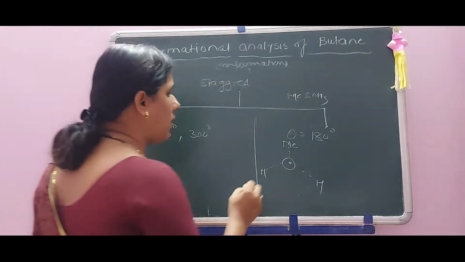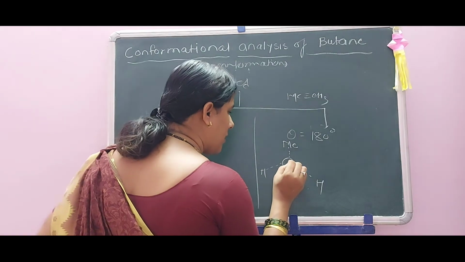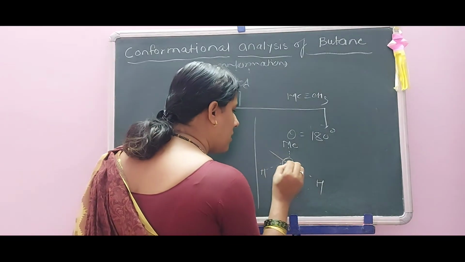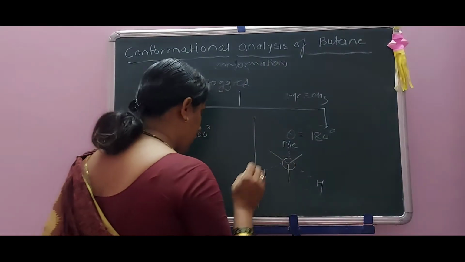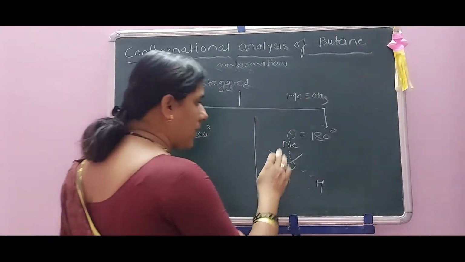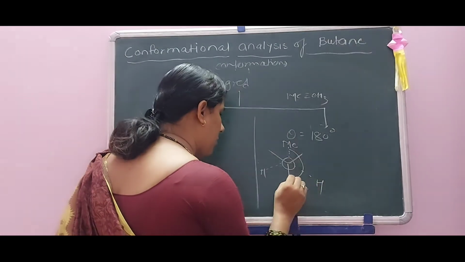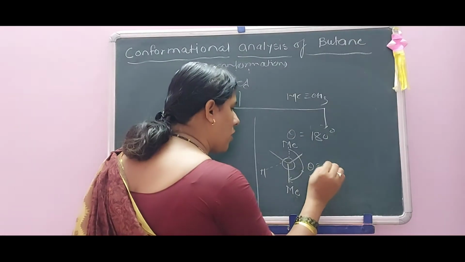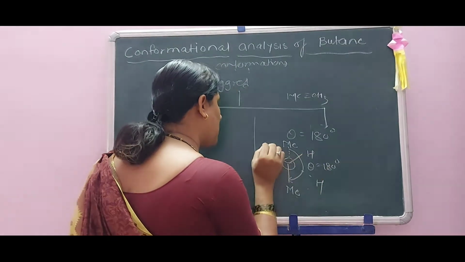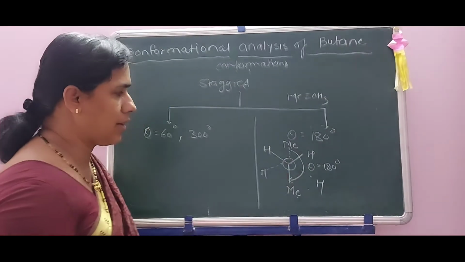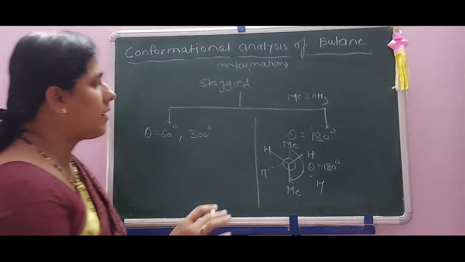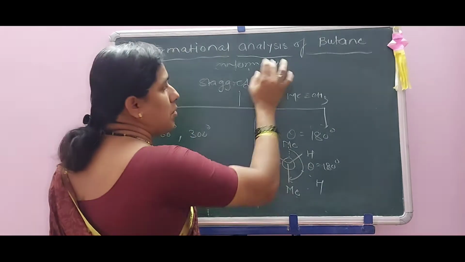Now in the staggered form, how is it? We can write it in this way. Now the methyl group of the front carbon atom is just opposite to that of the rear carbon atom. For this bond angle, theta is equal to 180 degrees. This is the staggered configuration of the butane molecule.